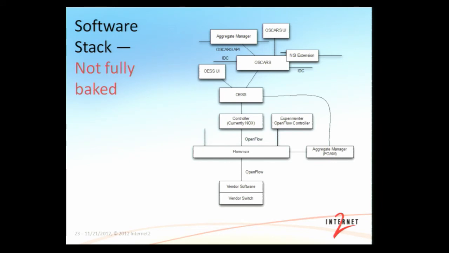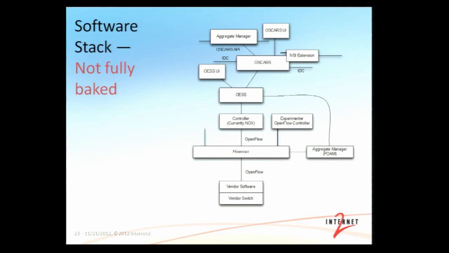Tom Lehman gave a talk at the most recent Genie meeting about dynamic stitching, which is another flavor of IDC or NSI that stitches together domains. So we will be rolling out an aggregate manager for that class of Genie experiments.